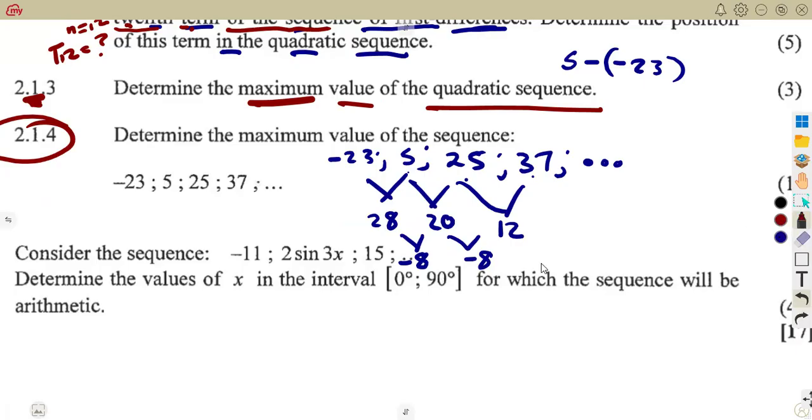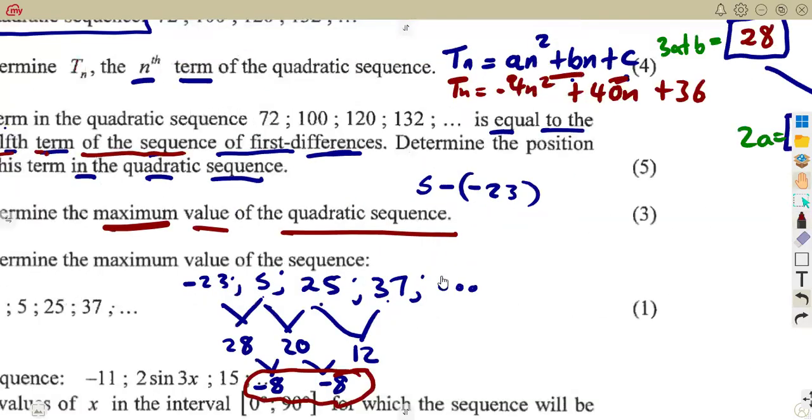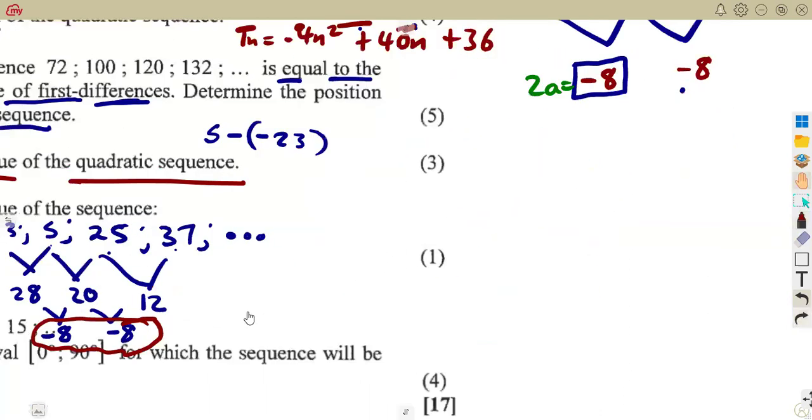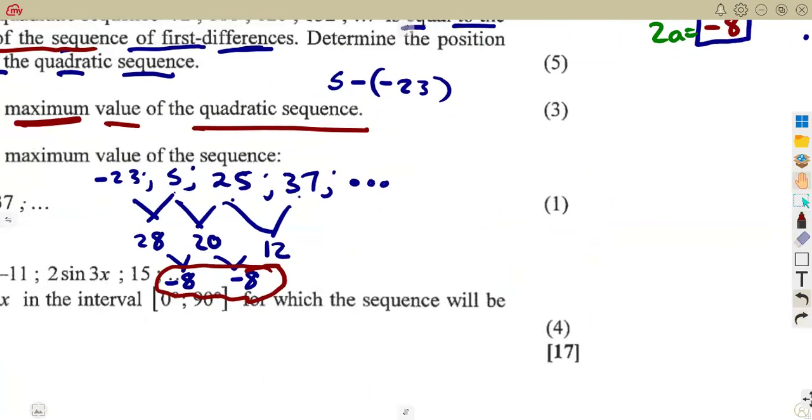Noticing this, there is a second difference of minus 8, and the second difference we had before was also minus 8. Let us go back to this other part. We've got 28, 20, 12. It means there's something common about this quadratic.